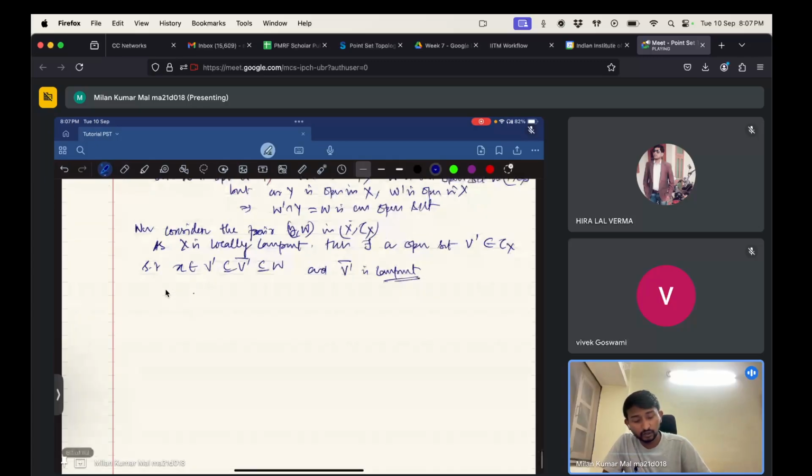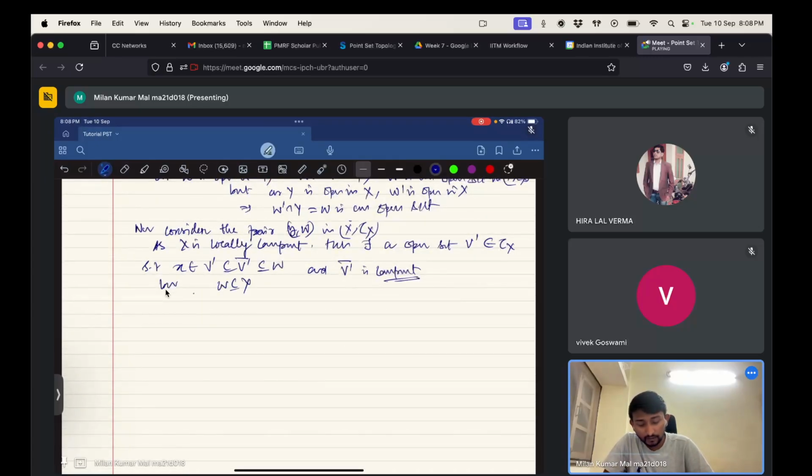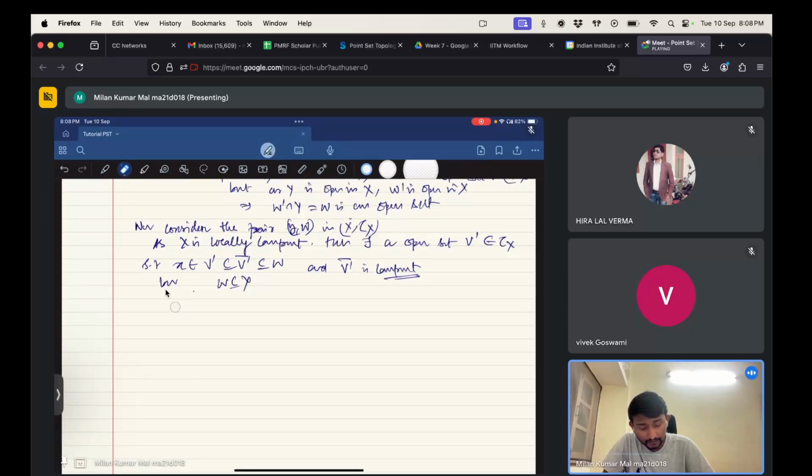But W is already a subset of Y, so that means we can take V dash as an open set.